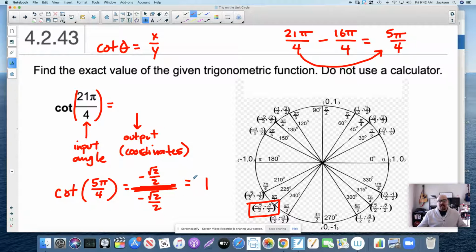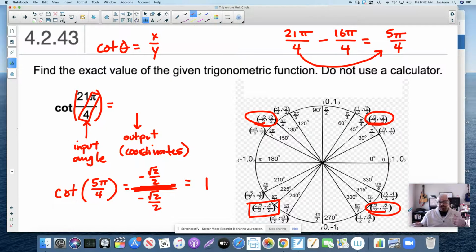Okay. And just as a side note, any reference angle of pi over 4, when you're doing cotangent and tangent of these angles, it's always going to be some variation of a positive or negative radical 2 over 2 over radical 2 over 2, whether it's cotangent or tangent, right?